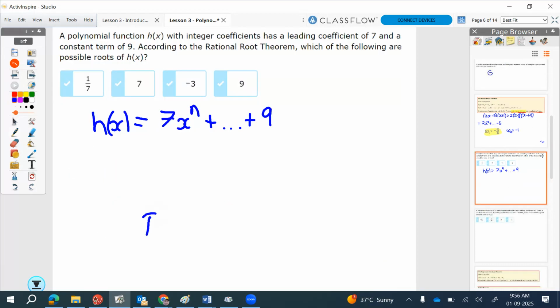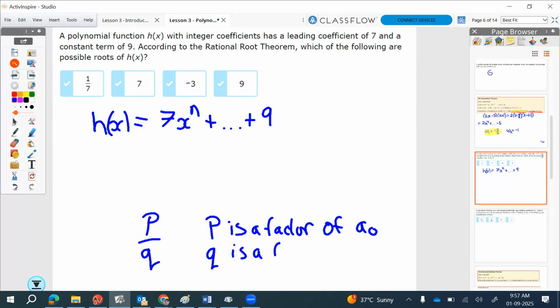So P is a factor of the constant, Q is a factor of the lead coefficient.